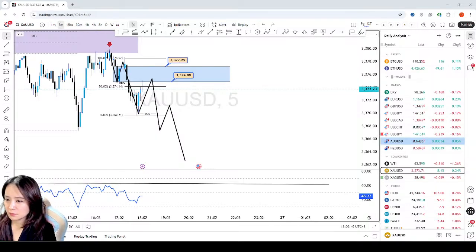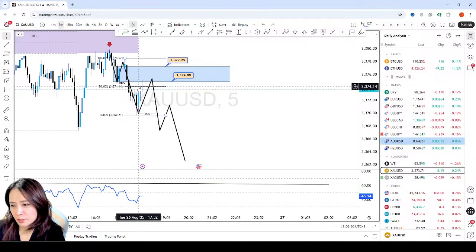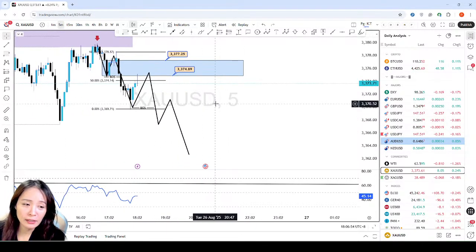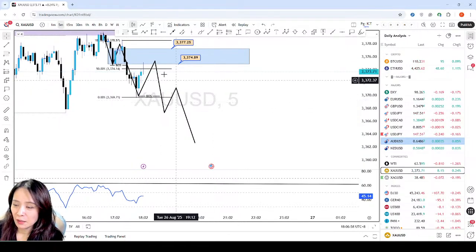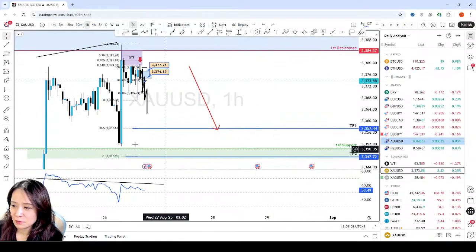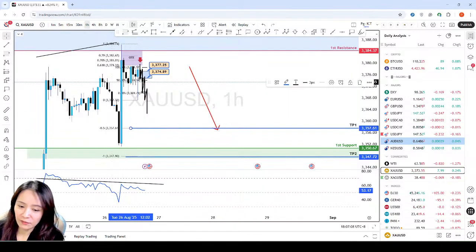Okay, anybody sell here? Now you guys can request. Okay, let's see, we're gonna sell here. The take profit is here. Do you think you're gonna hold until here? 3357.